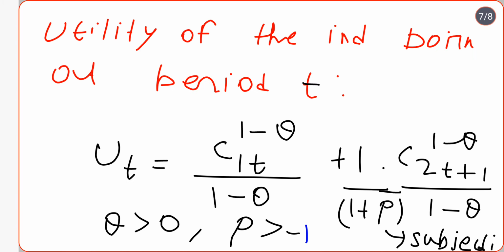So let me write it here. This is the form of utility function that I have represented here: C1t to the power 1 minus theta divided by 1 minus theta, plus C2t plus 1 to the power 1 minus theta divided by 1 minus theta, and it is being discounted by 1 over 1 plus rho, where rho is the subjective rate of discount.